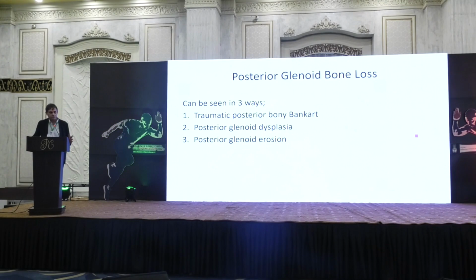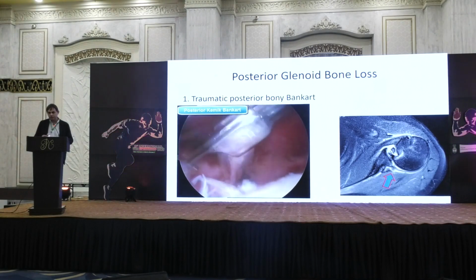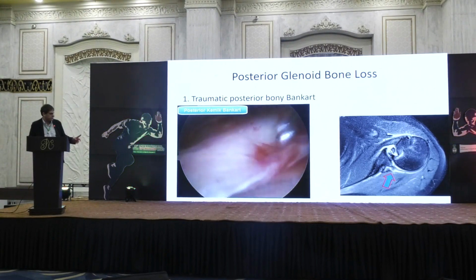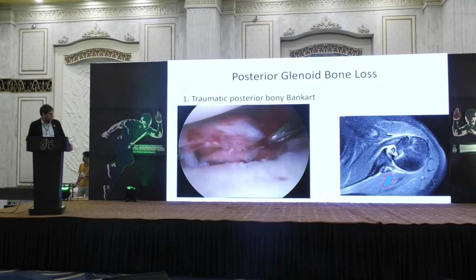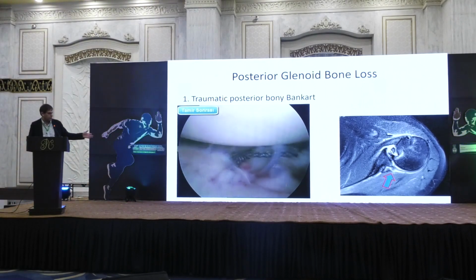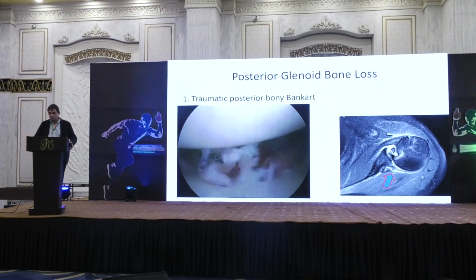I said that we see three types of bony problems of the posterior glenoid mainly. It can be acute traumatic, or dysplasia, or erosion. Traumatic ones are the better ones, because in these patients we have a posterior dislocation with a fracture, so we can repair it arthroscopically.